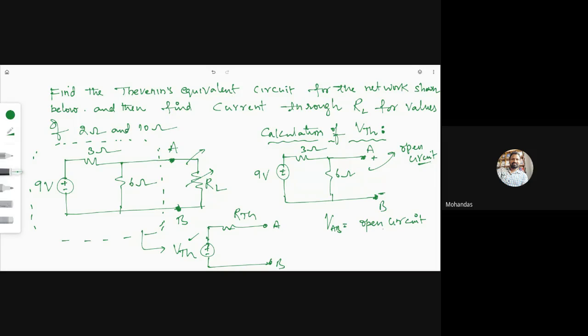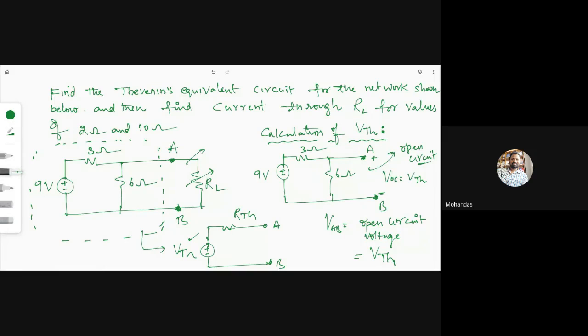If you take a voltmeter and measure voltage across A and B, it will be treated as the open circuit voltage, which is the same as V Thevenin. That means if you are able to calculate the Thevenin voltage across AB terminals, that will be considered as V Thevenin. So this VOC is equal to V Thevenin.